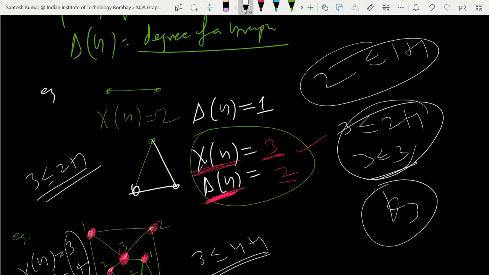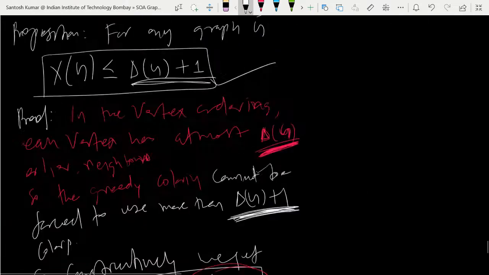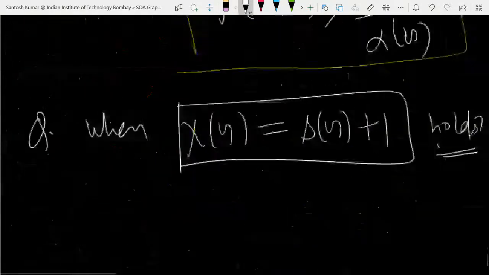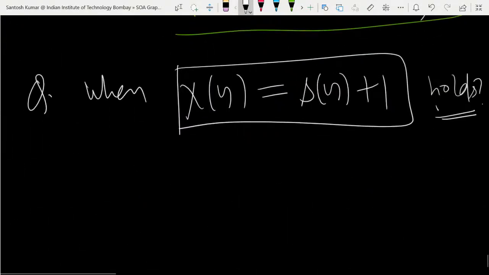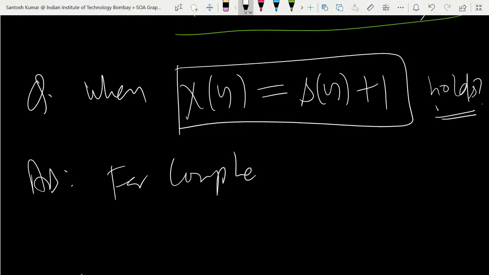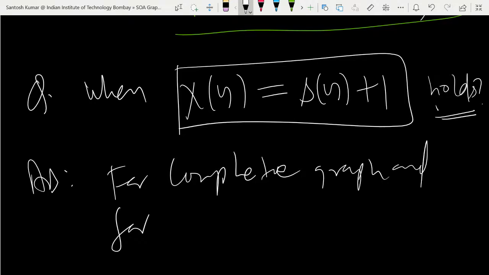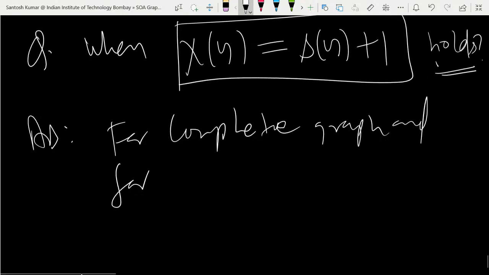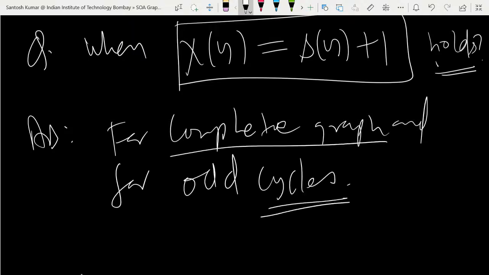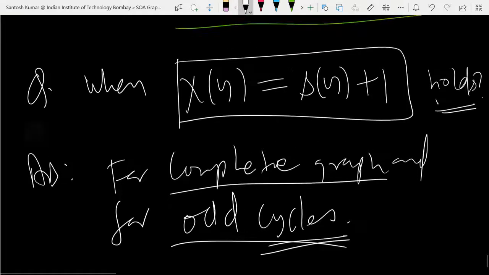Actually examples cannot always give the correct result, but we can justify. I'm first justifying, then I will tell you the result. The answer for this question is: for complete graphs and for odd cycles. For these two, equality will always hold.